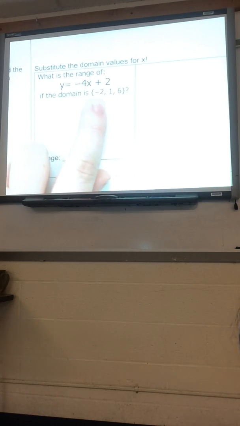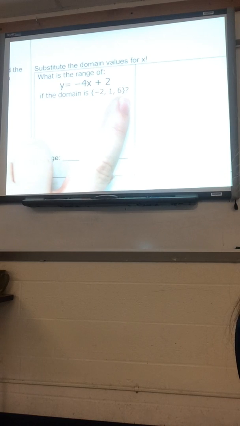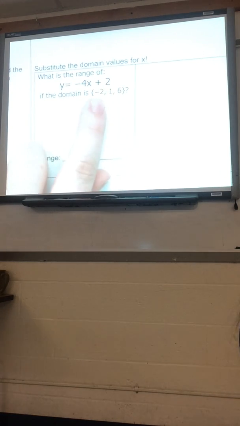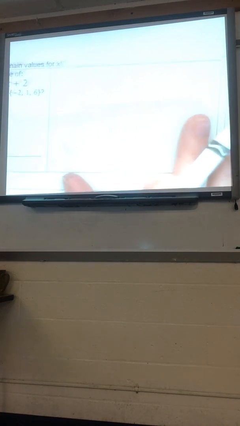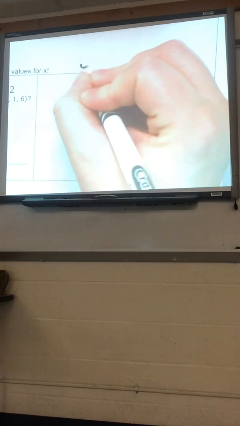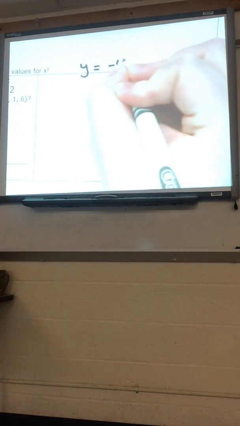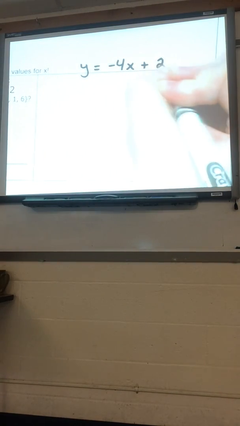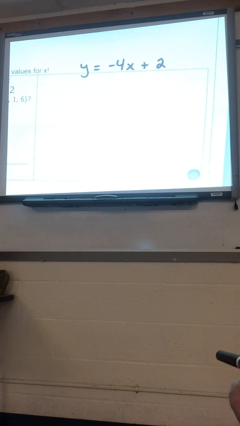I'm going to be plugging in each of these domain values to get my output, or to get my range. So that just means that I'm doing kind of a lot of work. It's not that much work though. I'm going to copy my equation up here just so that I can remind myself what it is that I'm doing.